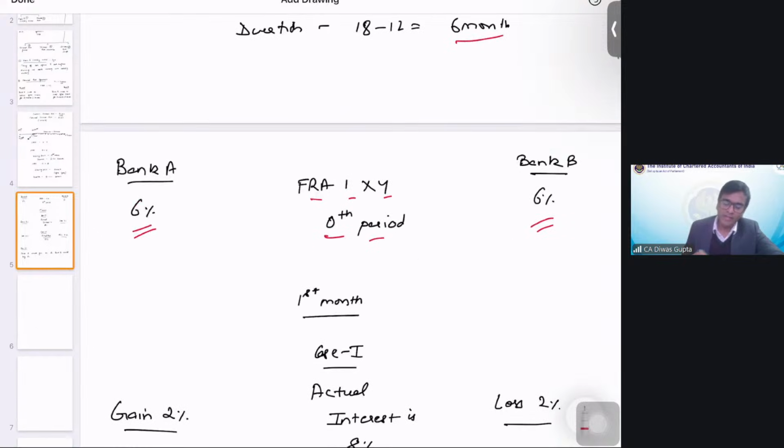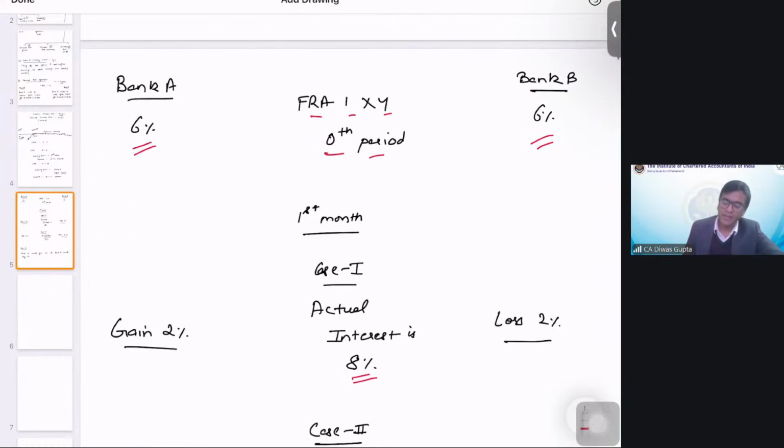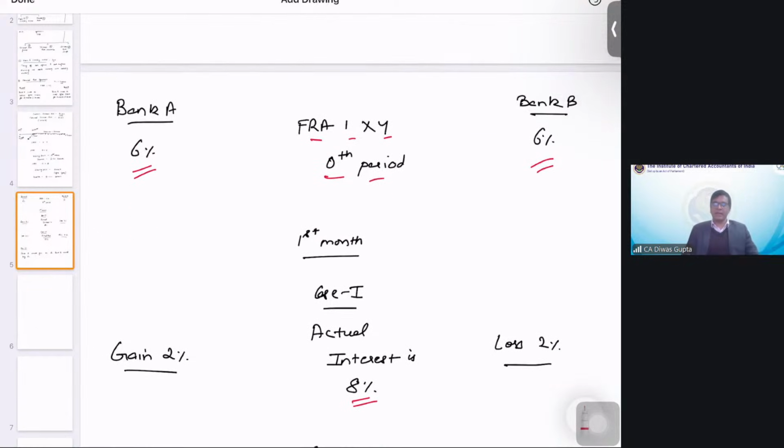Okay. So what have they entered at? 6%. Now see, how will Bank A think? Again, the same logic that we have discussed in our derivatives, right? If your agreed rate is compared to the actual rate in the market, then what differences will it lead to? In this case, the actual interest rate is 8%.